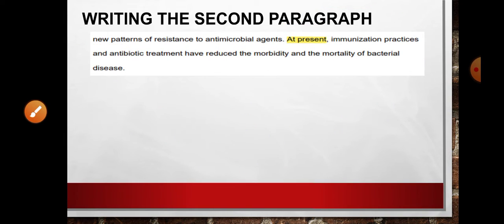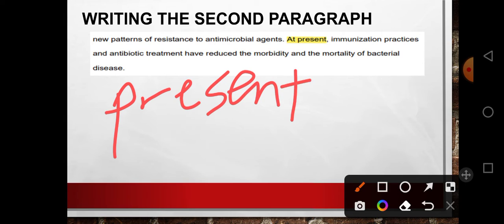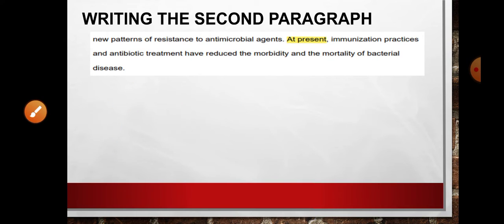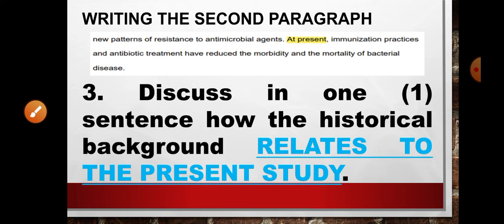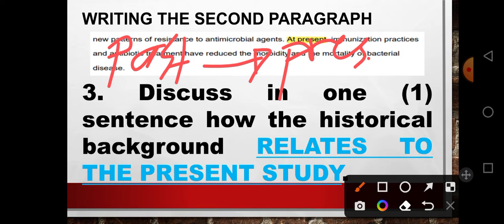Obviously, this transitional device implies the present state of the main topic you are discussing. So the last sentence of the second paragraph shall discuss how the historical background of your topic relates to the present study. You must relate all the past literature to the present study.